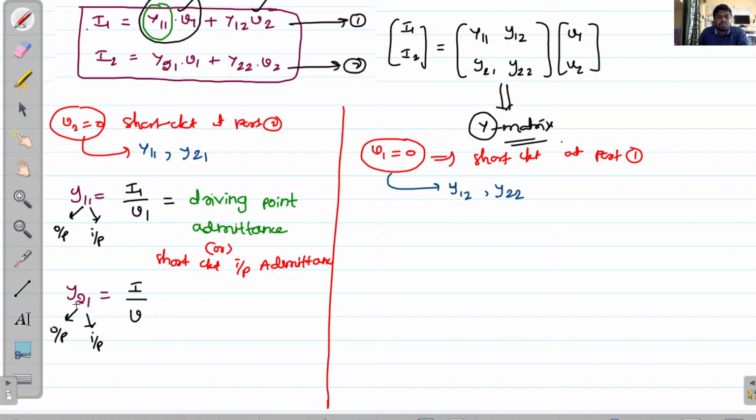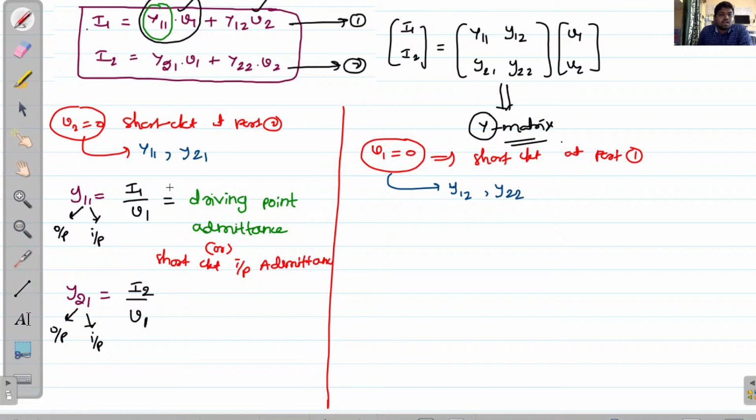The output indicates port 2, so the numerator term is output, and the denominator term is input. The output is indicated with port 2, so the numerator is I2, and the input variable is port 1 related, so I am taking V1 here. So Y21 is nothing but I2 by V1.